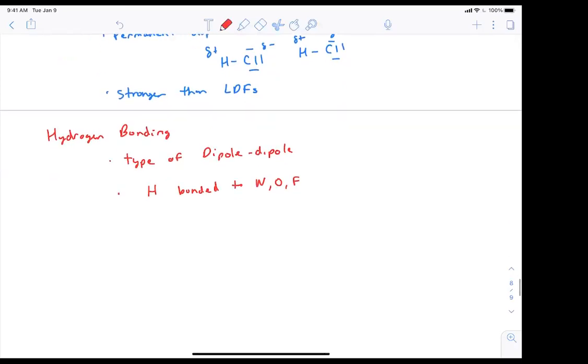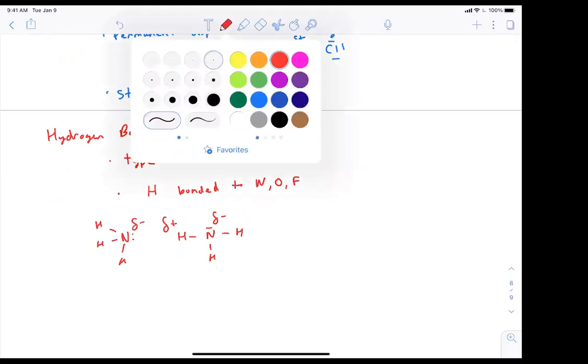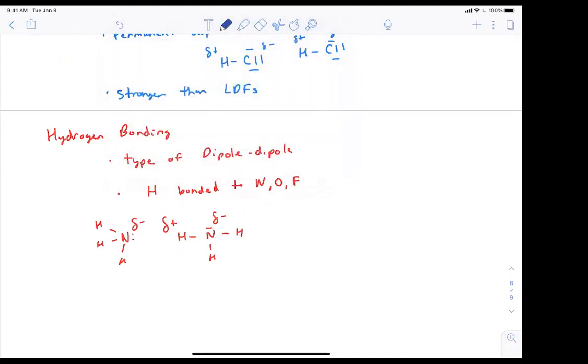This creates a huge positive and a huge negative in the structure, which means that when they come into contact with another molecule, this attraction between the species here, sorry, that looks like Ni, but that's really N with a lone pair.